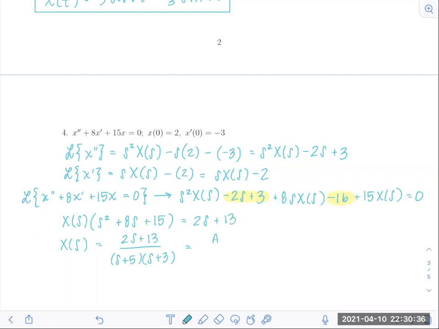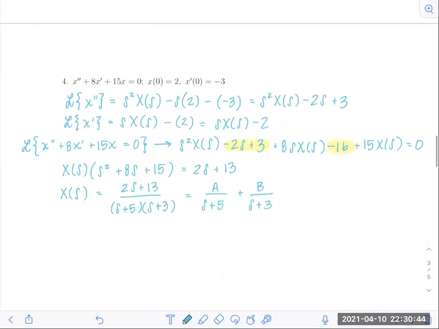So since these are linear factors, I'll write it as A over s plus 5 plus B over s plus 3. And so solving here, I have 2s plus 13 equals A times s plus 3 plus B times s plus 5. And so I'm going to plug in the roots of the factors.